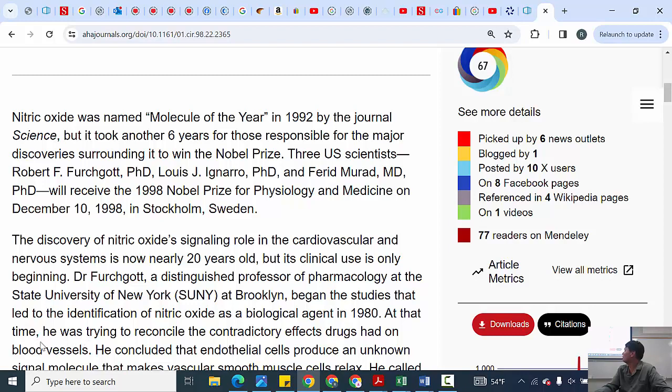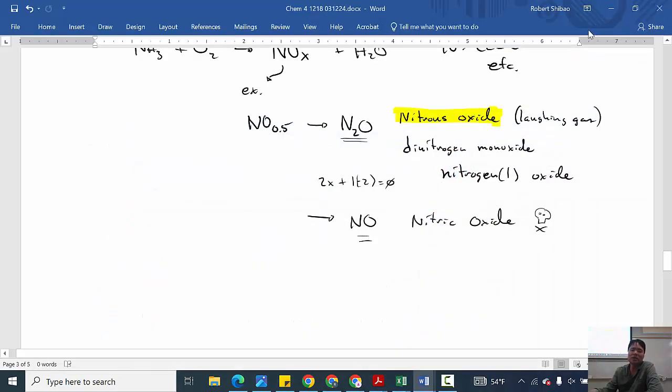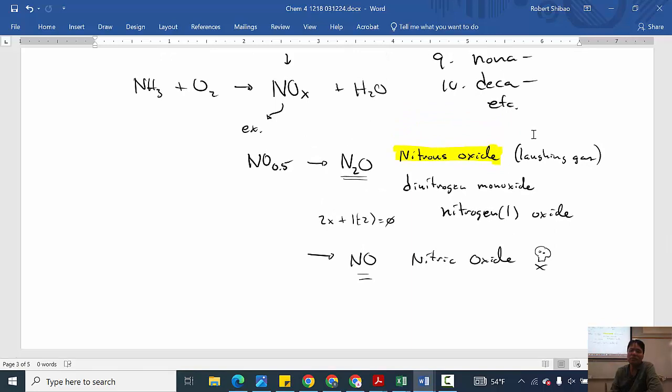And in fact, when COVID was happening, there were a lot of problems with blood clotting. And so they were trying nitric oxide therapy to reduce the severity of blood clots at one time. And I think they met with some limited success. I'm not sure how successful those studies were. But that's nitric oxide. We do need it, but not too much. This would be smog.